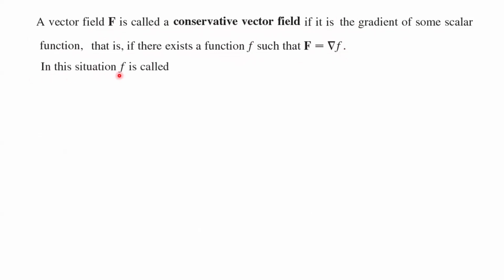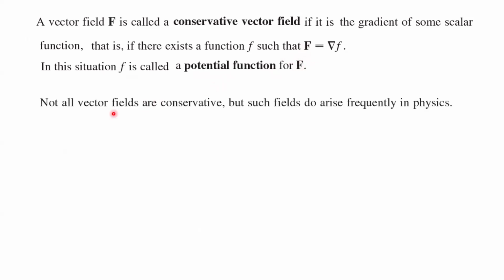In this case, f, the scalar function, is called a potential function for the vector field or vector function F. Please note that not all vector fields are conservative, and you're going to see such fields in physics and engineering.